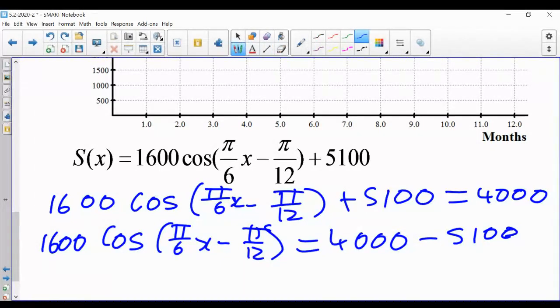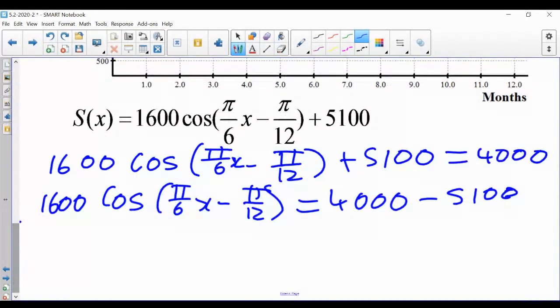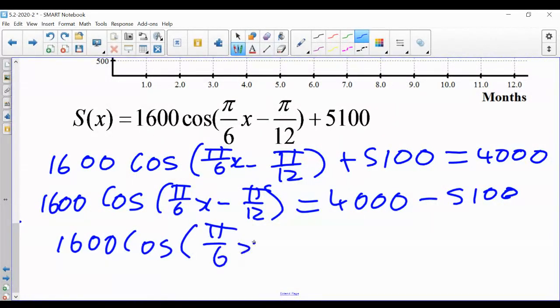Okay. Your Wi-Fi disconnected. Okay. So obviously we can now do that simple step and say that 1600 cosine of pi over 6 x minus pi over 12 is equal to minus 1100. What's next? Divide by 1600.